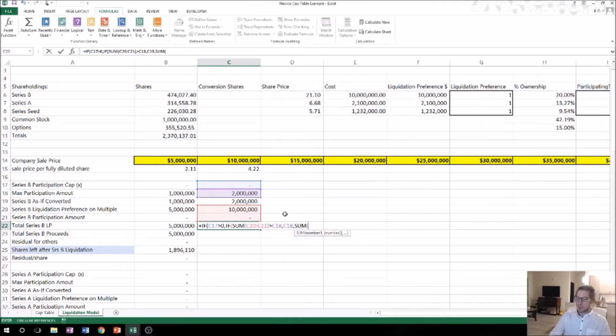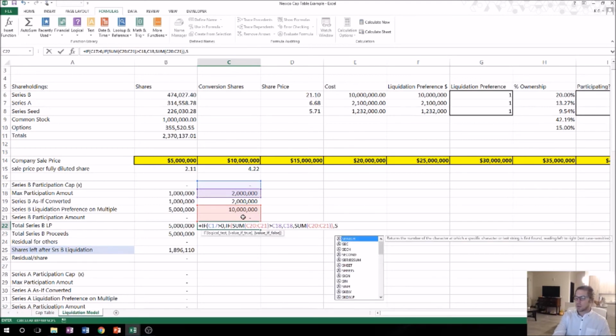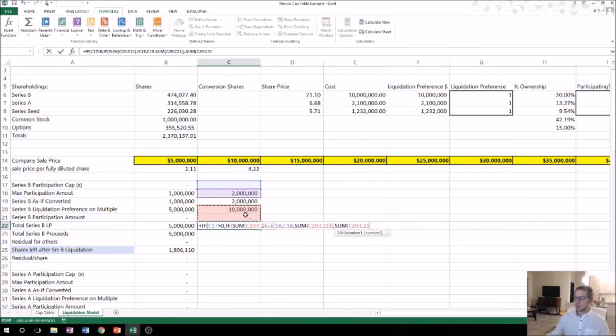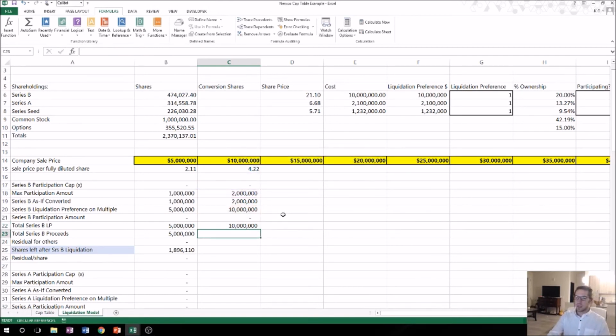Otherwise, give us the sum of these two numbers. And close that out, comma, and then just as a default, sum these two numbers again. To finish up the formula, make sure you put enough parentheses, and I think that is correct for the total Series B proceeds to be $10 million there.